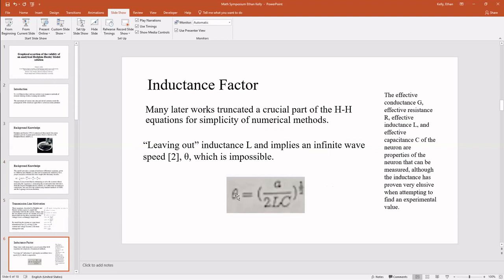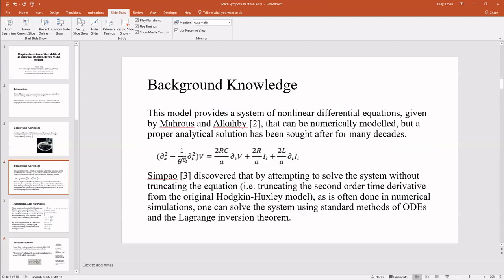That would imply this is very large. Infinite wave speed. Doesn't make any sense. This also relates to the inductance factor of neurons, which has been quite difficult to find. That's one of the few factors of the neuron which weren't found in the original paper, I believe. But anyway, that's just the physical motivation for leaving this -1/θ² in.